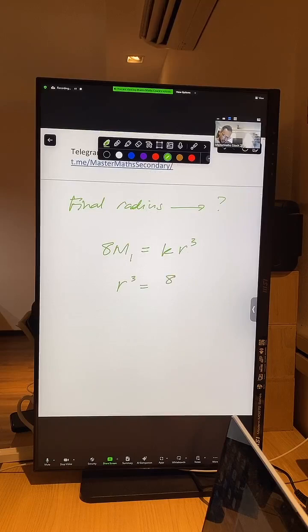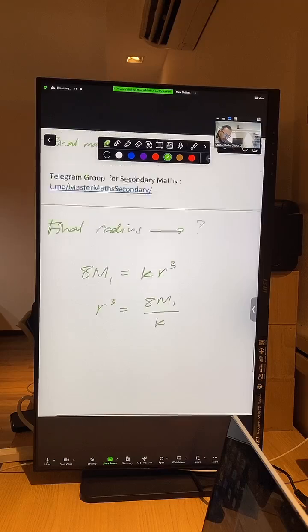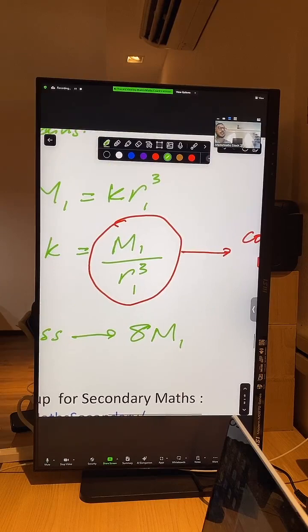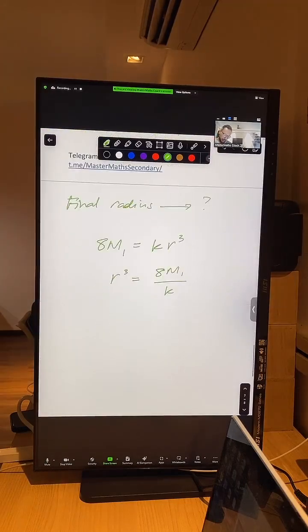So this will be 8M1 over K. And we know that K is M1 over R1 cube. So let's substitute that back inside.